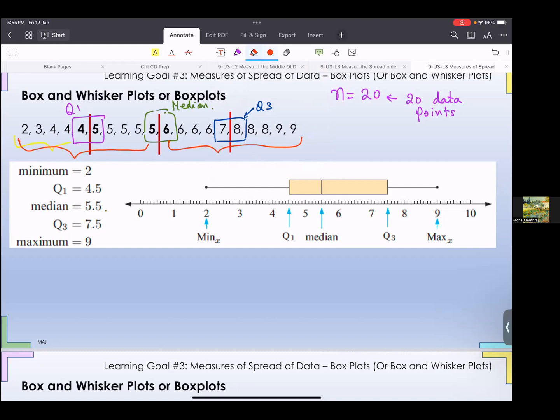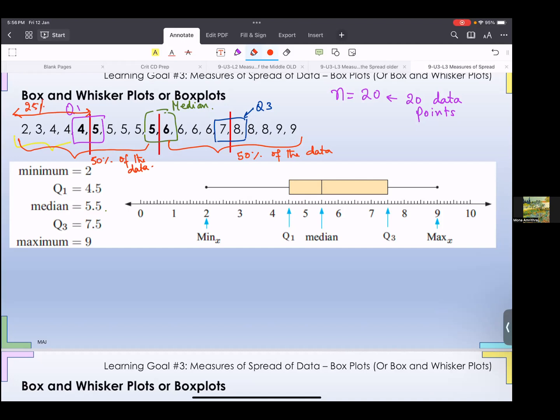What about the first quartile or the lower quartile? 25% of the data is below the first quartile, and 75% of the data is above it. So this is 50% below the median, and this is 50% of the data. From here to here, we have 25% of the data.